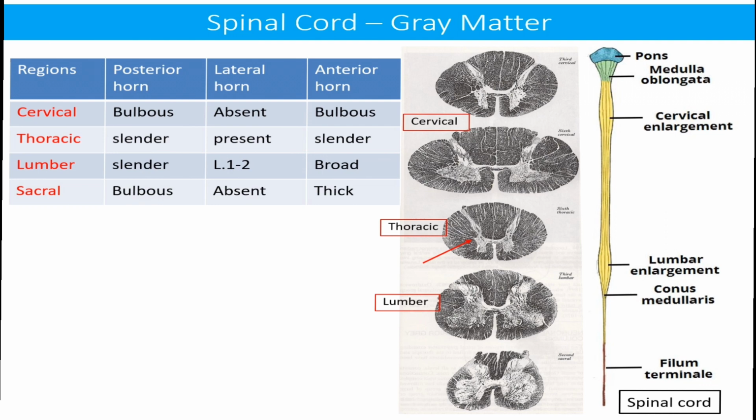In the lumbar area, the anterior horn is broad and thick, whereas the posterior appears slender, and the lateral horn extends down to the lumbar 2nd segment. In the sacral area, both the posterior and anterior horns are bulbous and thick, and the lateral horn is absent.